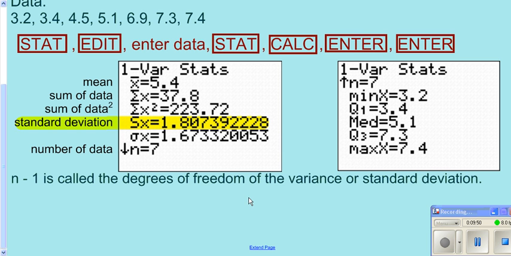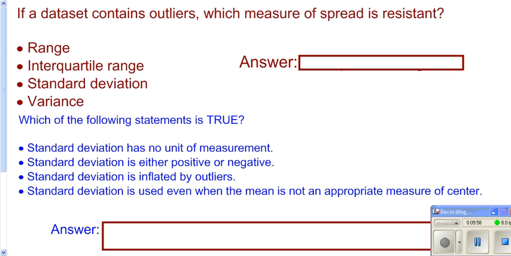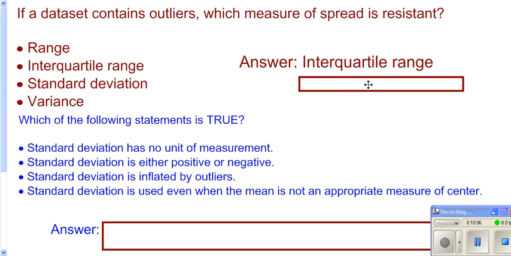So that's how we want to find our standard deviation, with our calculator, not by hand. So let's answer these. We have an outlier. So what's not affected by your outlier? It's your interquartile range. Remember, your range is max minus min, so it's affected by an outlier.